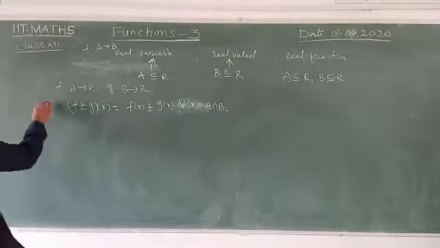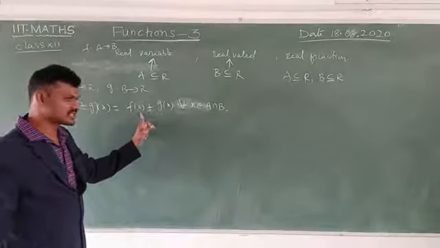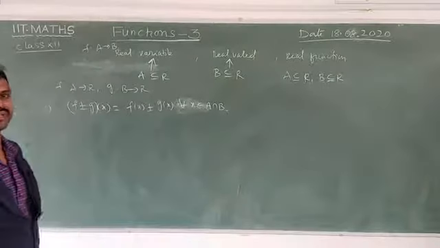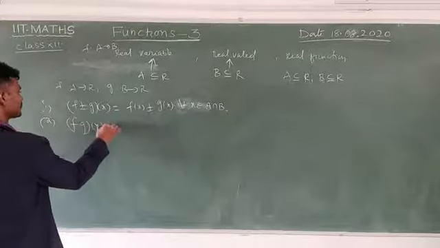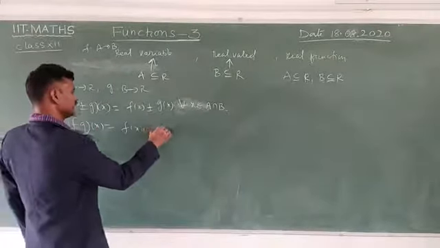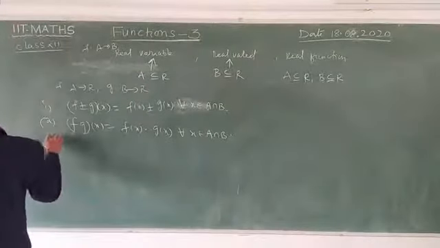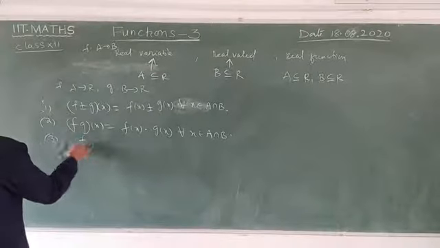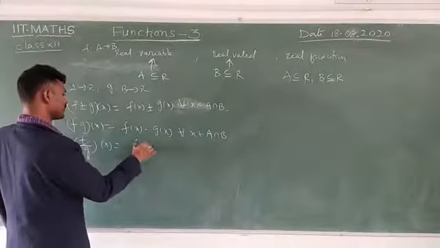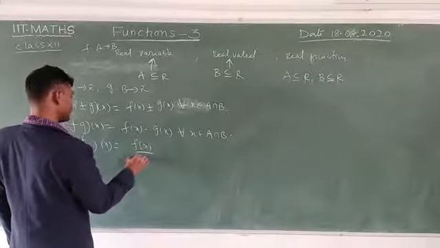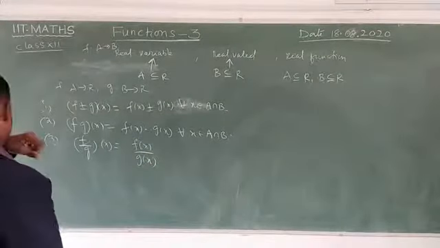That means for two functions, the sum or difference is equal to the individual sum and difference, f of x plus g of x, for all x belongs to A intersection B. Now the second one, the product: (f times g) of x is equal to the product of the individual ones, for all x belongs to A intersection B. This is the second one. And the third one, the quotient: (f by g) of x is equal to f of x by g of x, for all x belongs to A intersection B.